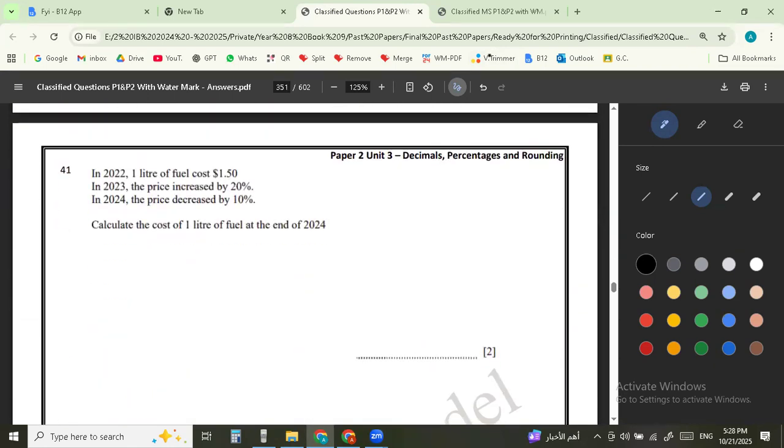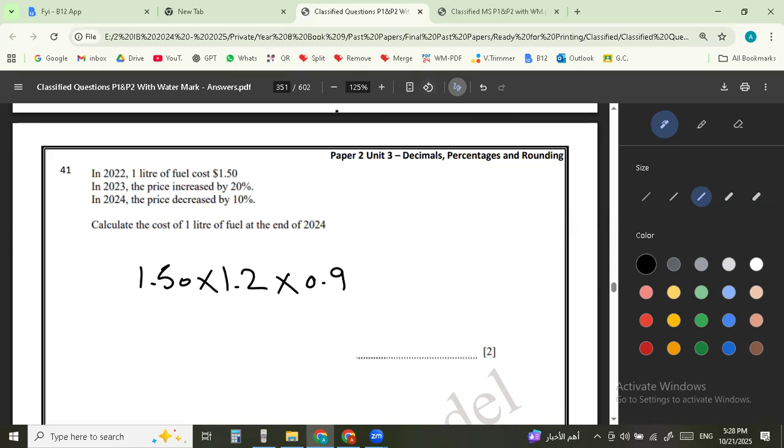In 2022, 1 liter of fuel cost 1.50. 2023 increased by 20%. 2024 decreased by 10%. Calculate the cost of 1 liter of fuel at the end of 2024, which means after the two changes. So I'm going to do 1.50, the original price, multiplied by increased by 20% is 1.2. Then decreased by 10% is 0.9.